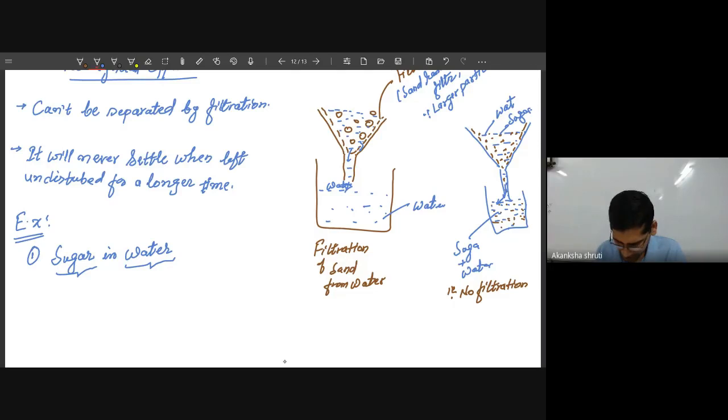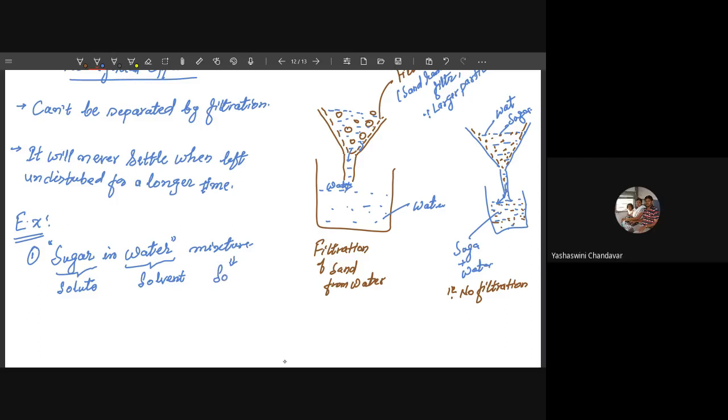Okay, so this sugar is your solute and this is your solvent, and this entire sugar in water mixture is called your solution.